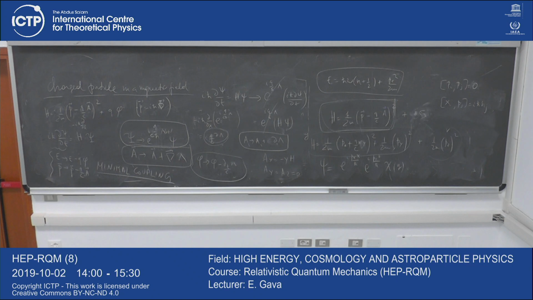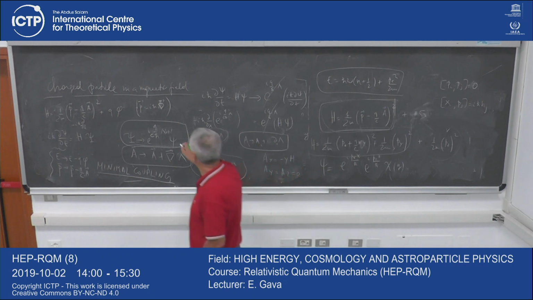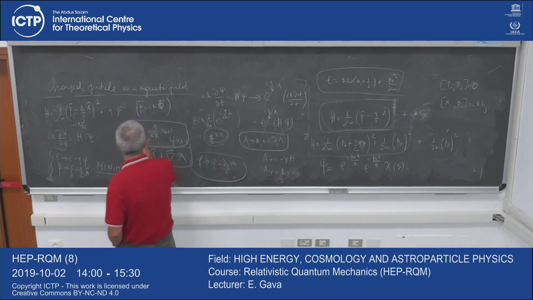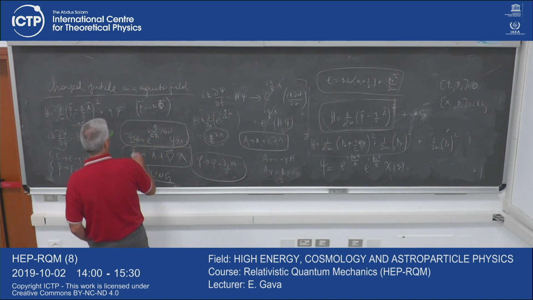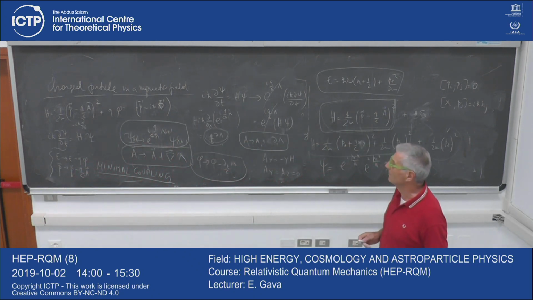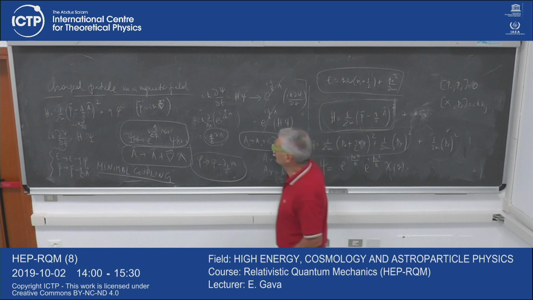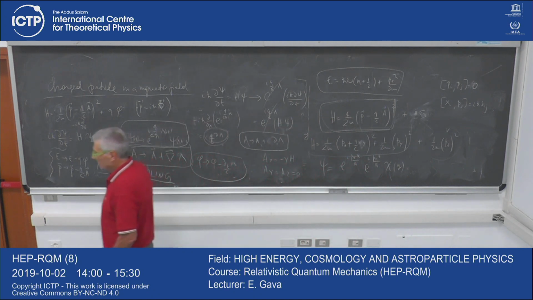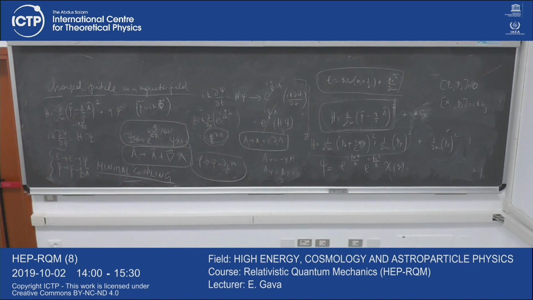So this is called gauge invariance, extended to the wave functions, right? The fact that you can redefine your wave functions by phases which are x and t dependent. And if you also change the vector potential, this leaves the Schrödinger equation invariant.